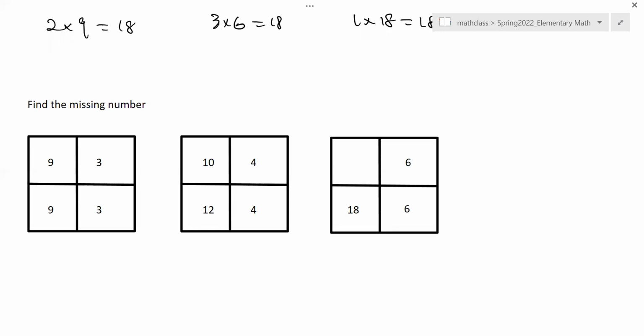All right, so folks, I think you try the difference. Try subtraction, try addition, try multiplication, try division.